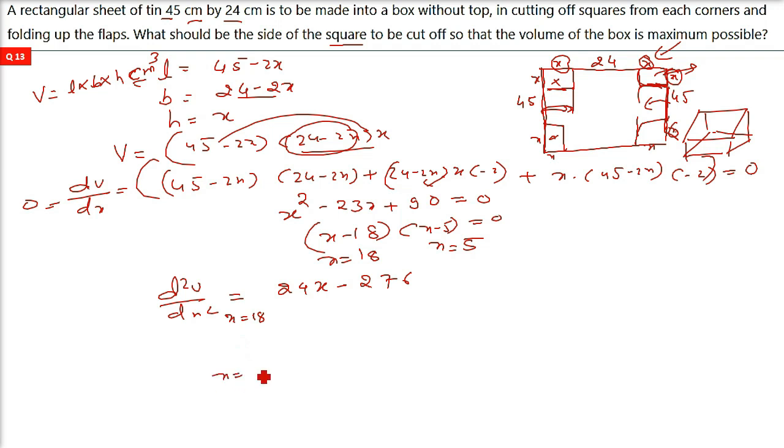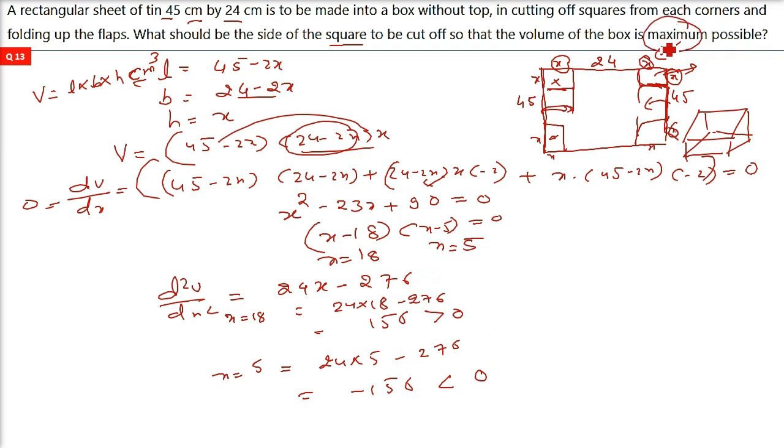Place x equals 18 and x equals 5 in this expression. x equals 18 will give you 156. x equals 5 will give you minus 156. Now what do you see? We need the maximum.